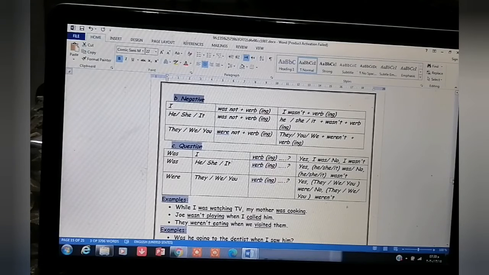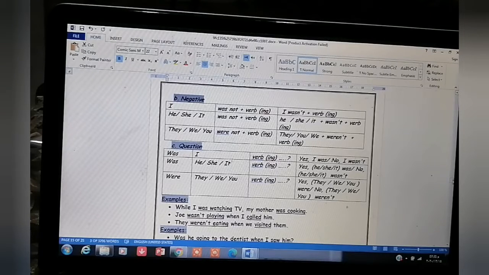Now the question, we are going to invert the subject and the verb. Was I plus verb-ing? Yes, I was, or no, I wasn't. Was he, she, or it plus verb-ing? Yes, he was, or he wasn't. Were they, we, you plus verb-ing? Yes, they were, or no, they weren't.